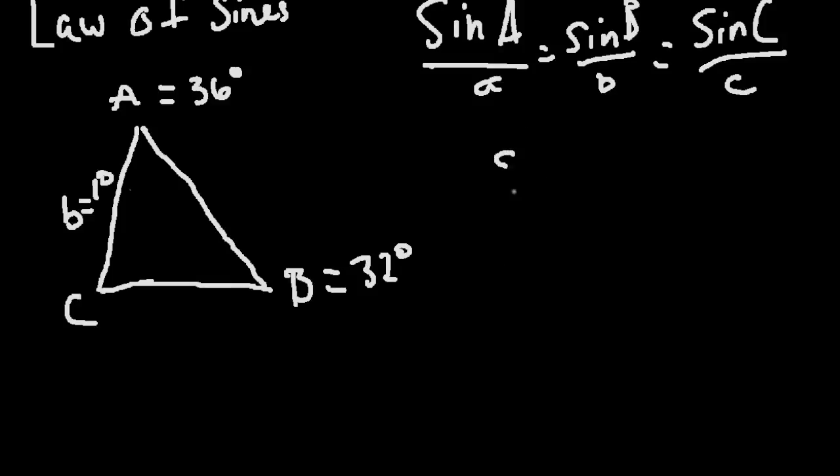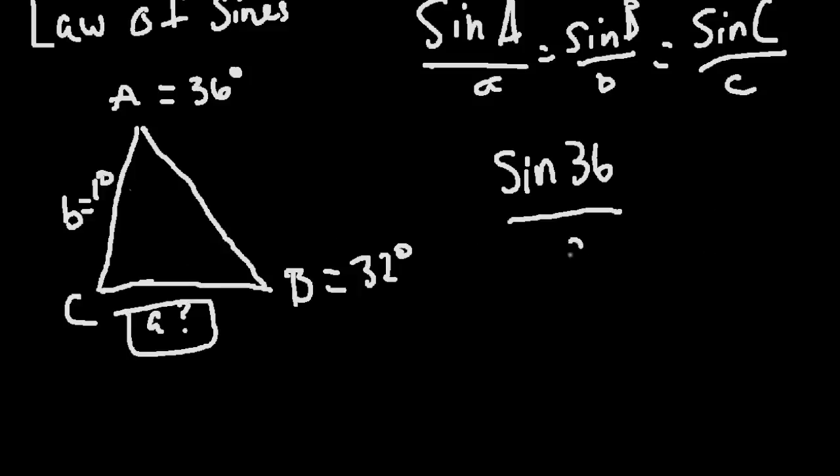So we'll start off with sine A over A, which is sine of 36 over A, since side A is the objective, and then sine B over B is sine of 32 over 10.